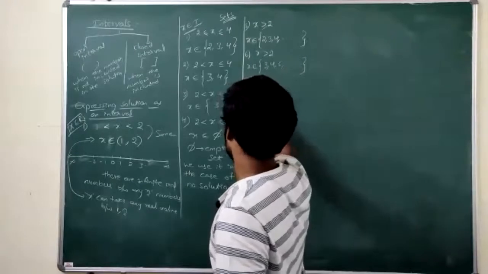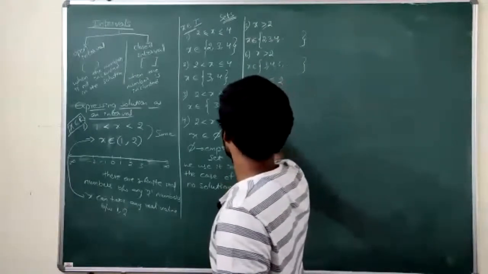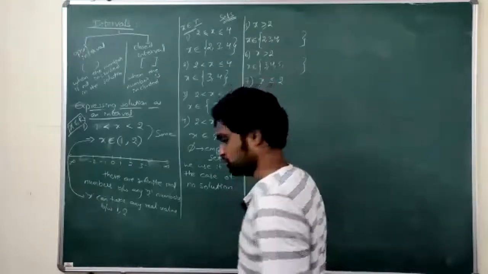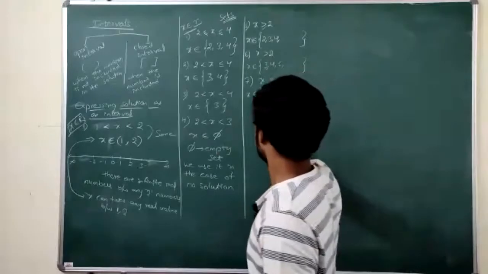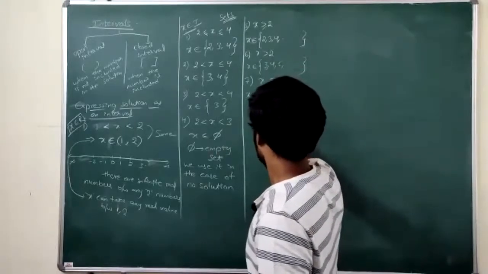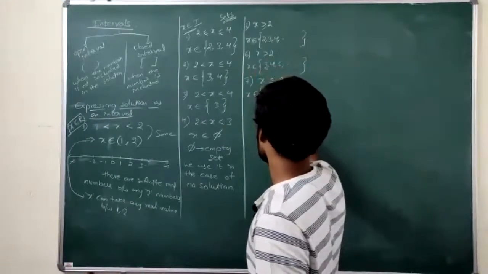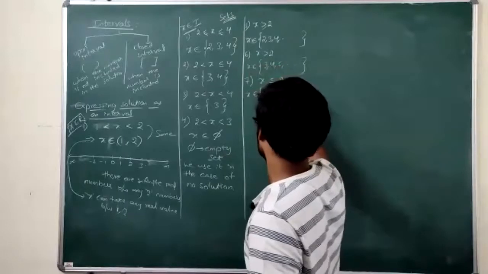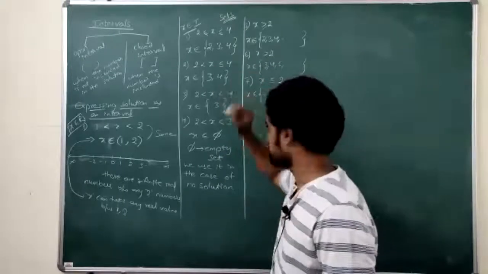Next one. x ≤ 2, I said. Now x belongs to, x is less than or equal to 2 means it comes from minus infinity, 0, 1, 2. So there are so many numbers.